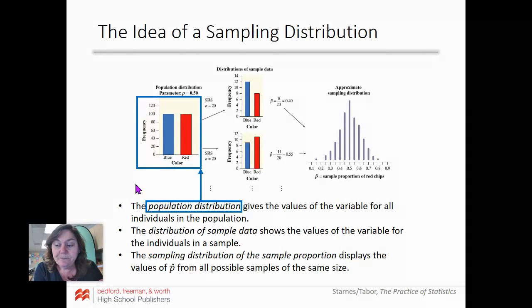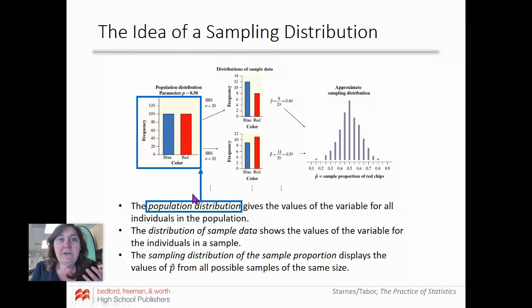that claim is true. So when we're looking at this sampling distribution, we're going to take the claim, which in this case was the red and blue chips. 50% the teacher said are red. So here is a graph of our population. This is called the population's distribution.